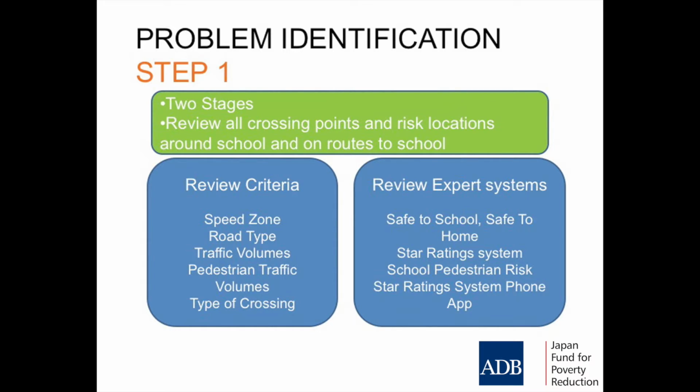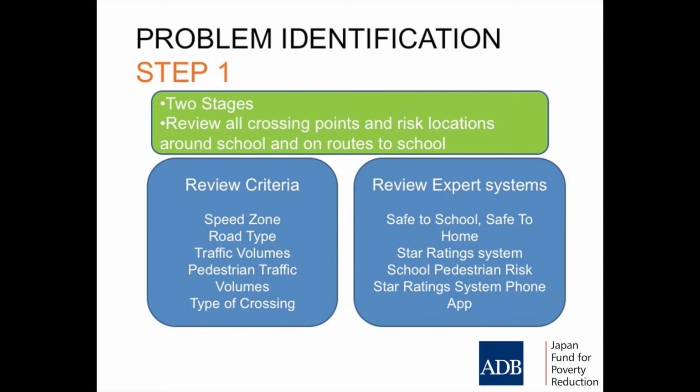Now, all that sounds hard, but you're very fortunate because we have what I call expert systems available to help you do that. And there are 4 of them. One is called Safe to School, Safe to Home, and that's produced by the Global Road Safety Program, GRSP. It's in draft form at the moment, and I'll be going through a little bit of detail with that, but it will be available for people to use as the first step in Safe Routes to School.